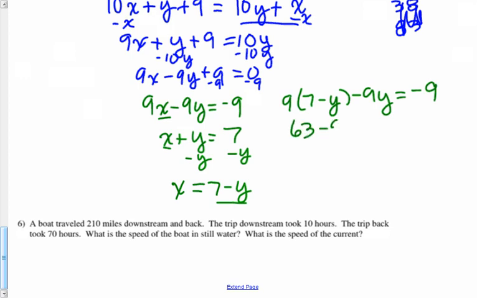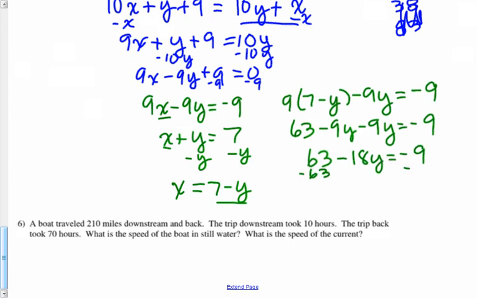Using the distributive property, I get 63 minus 9y minus 9y equals negative 9. That simplifies to negative 18y plus 63 equals negative 9. Subtracting 63 from both sides, we get negative 18y is equal to negative 72. Dividing by negative 18, we get y is equal to 4.